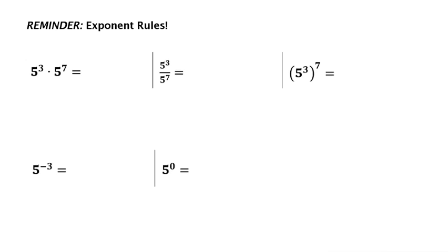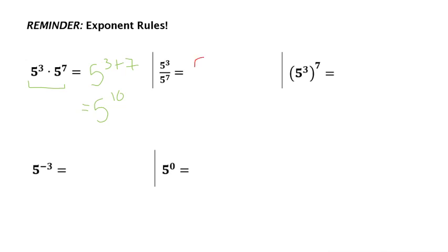So our first one is illustrating our product rule here. So if we're doing 5 to the 3rd times 5 to the 7th, remember if you're multiplying like bases, that's the same as adding those exponents, and that's going to give us 5 to the 10th. If I'm dividing, that's going to be the same as subtracting.